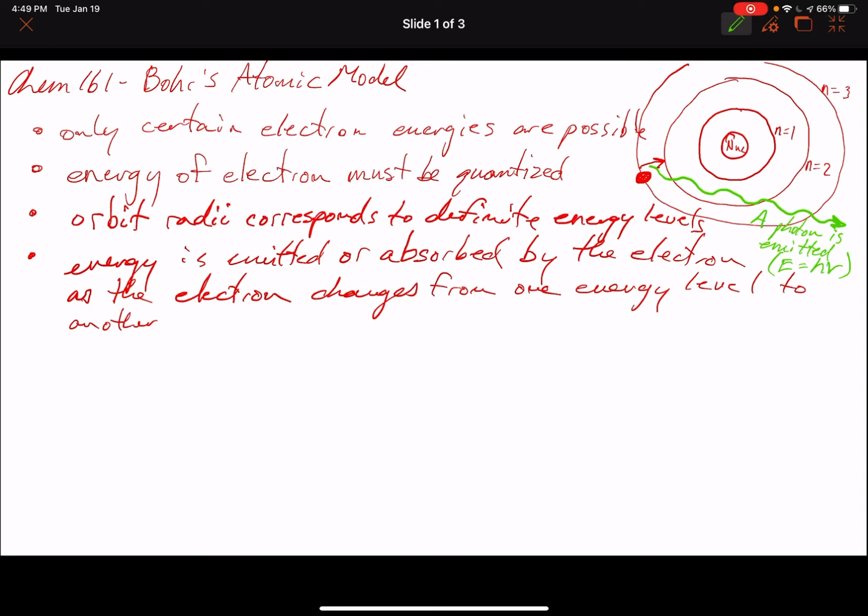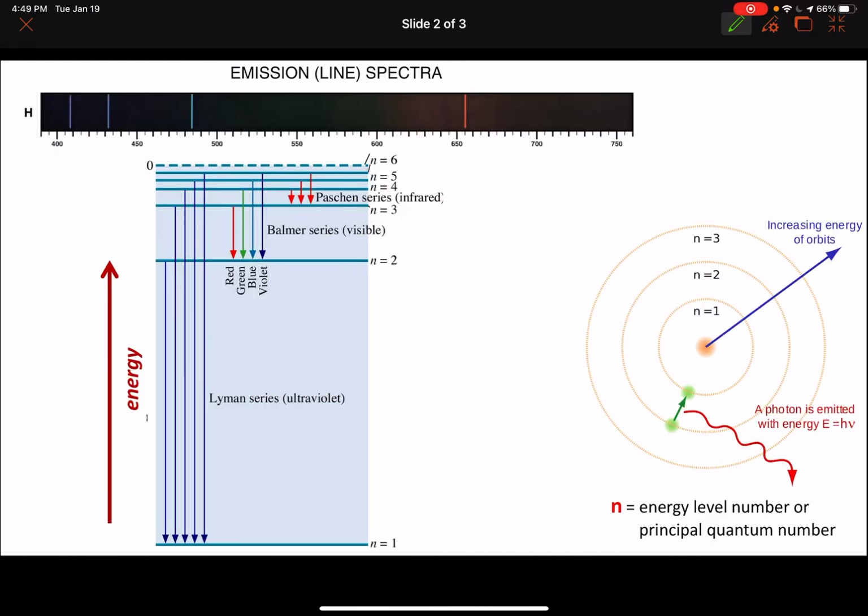So with those ideas in place, we can better explain some of the experimental observations that we have for ionized gases. So if we look at the hydrogen atom, consider the ionized form of hydrogen gas, and there's a separate video to show you this. I encourage you to look at it.